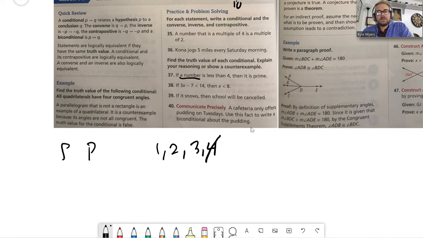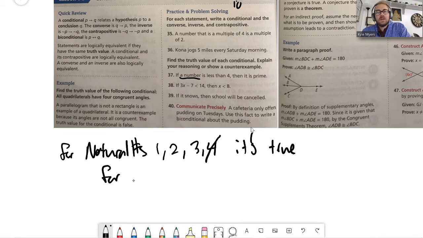So for natural numbers, gosh, I meant to say natural numbers, the numbers 1, 2, 3, it's true. For real numbers, and other number systems too, but I'm going to make this more simple than more complicated, but I wanted to bring this up because it was a little vague.